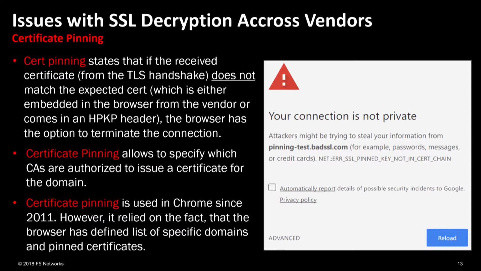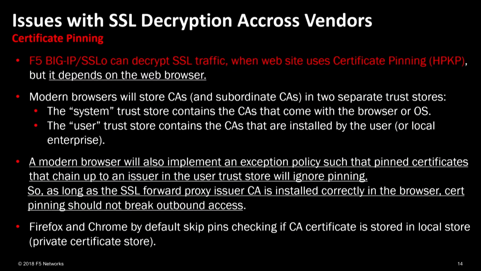So basically, certificate pinning is a solution to avoid SSL decryption. Fine, but how can we leverage that? If we are talking about F5 technology, you can sleep well, because all of our devices, BIG-IP and SSL Orchestrator, which I will tell you about in a minute, are able to decrypt SSL traffic which uses certificate pinning.